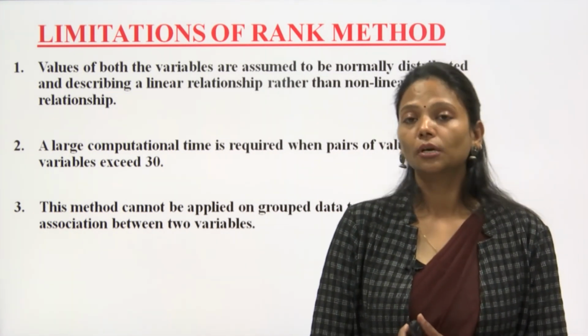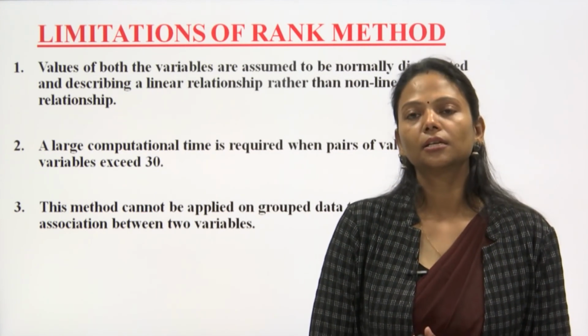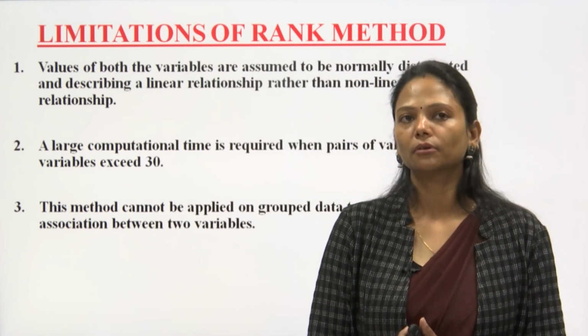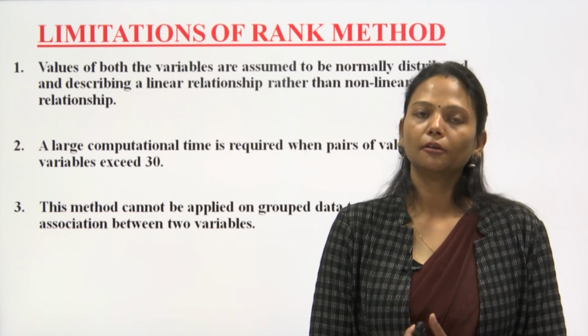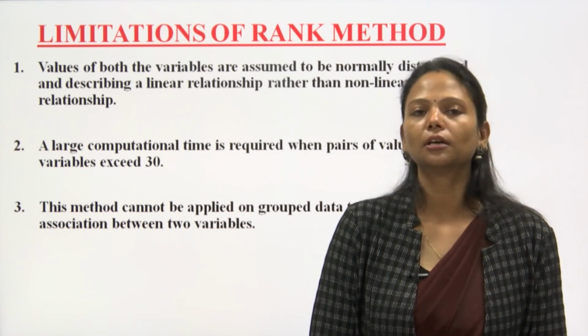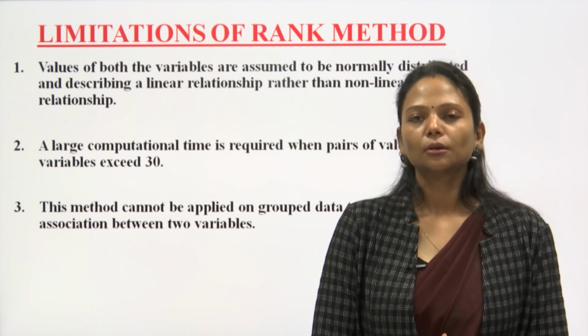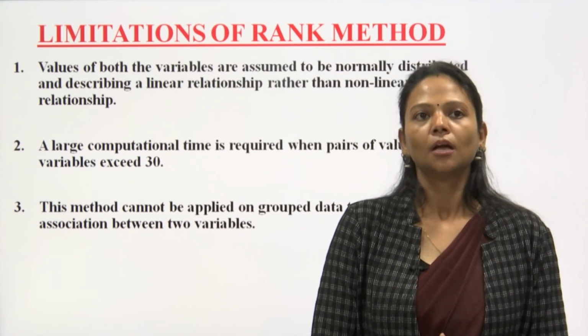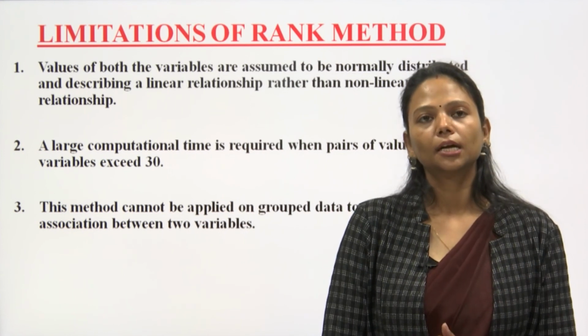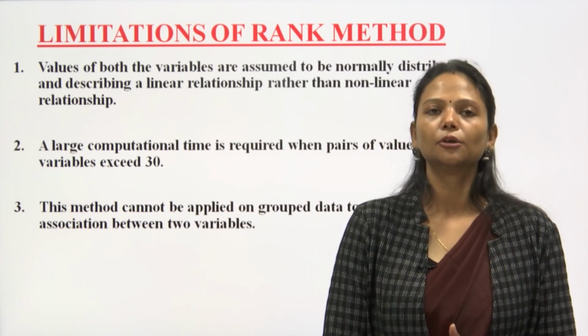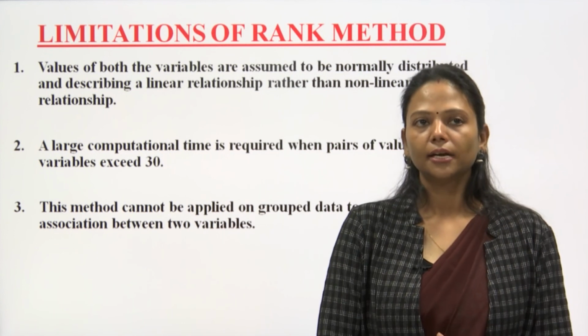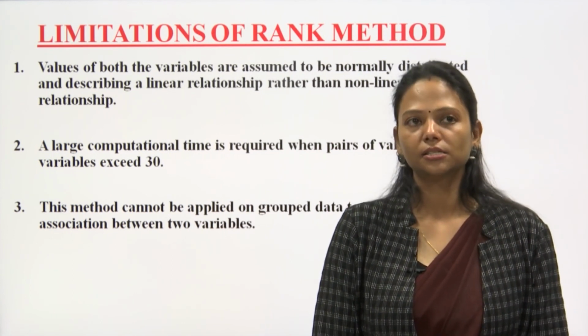As I have told you, if the number of variables exceed 30, it is very difficult to give ranks and to compute ranks. So, when we are talking about a rank correlation method, we should use data with observations less than 25 or less than 30, because if the observations exceed 30, it becomes a huge data. It is very tedious and the computation time exceeds.